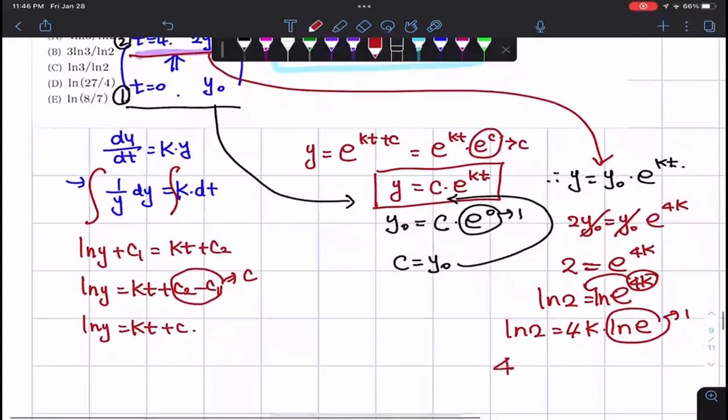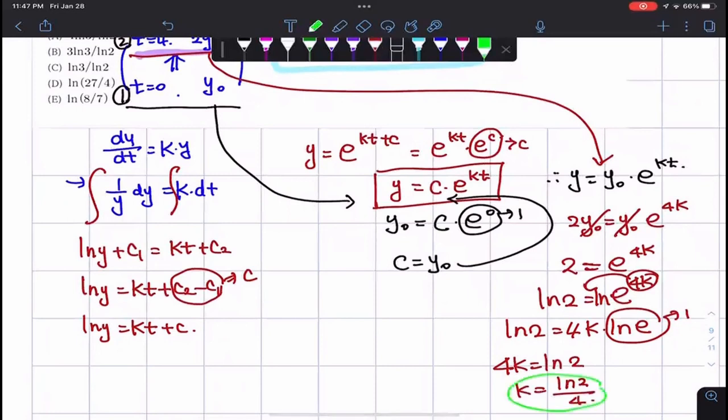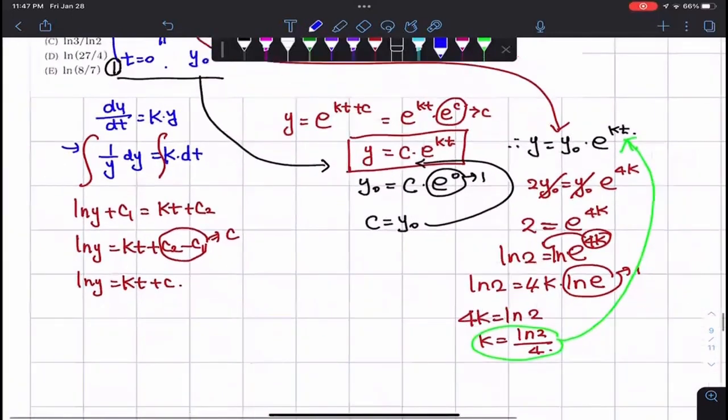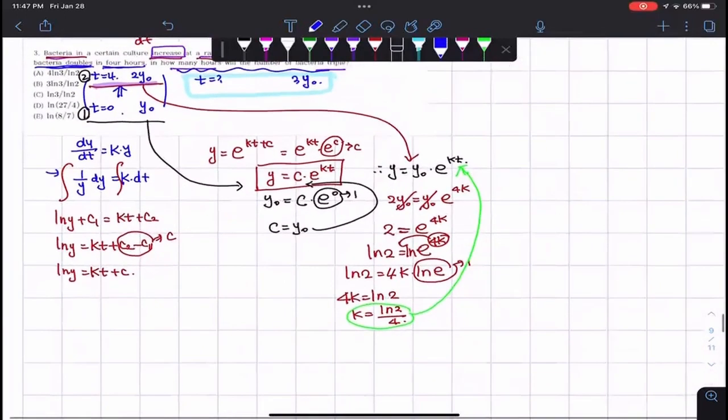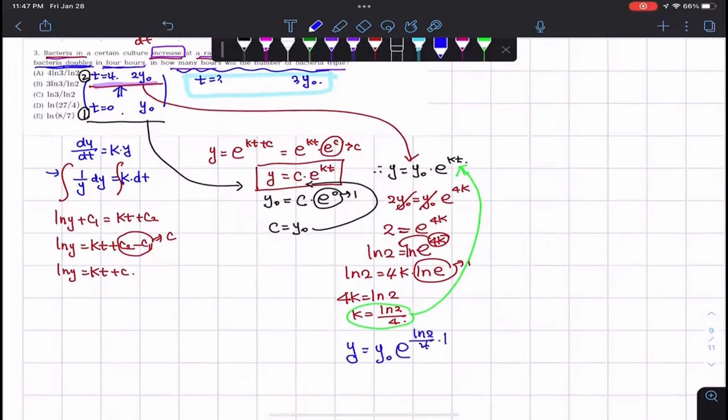So k equals ln 2 over 4. Plug this value in again. The final equation is y equals y0 e to the power of ln 2 over 4 times t.